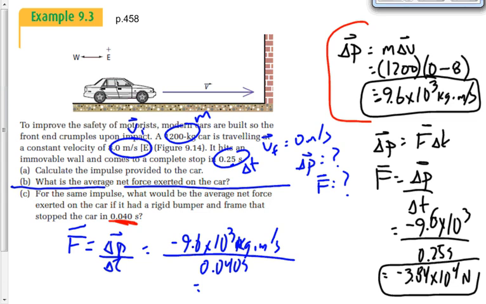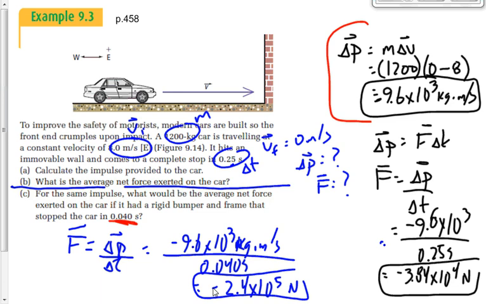We get negative 2.4 times 10 to the 5 newtons. That number is almost 10 times bigger than the force we got in question B. Why? Because we stopped quicker.